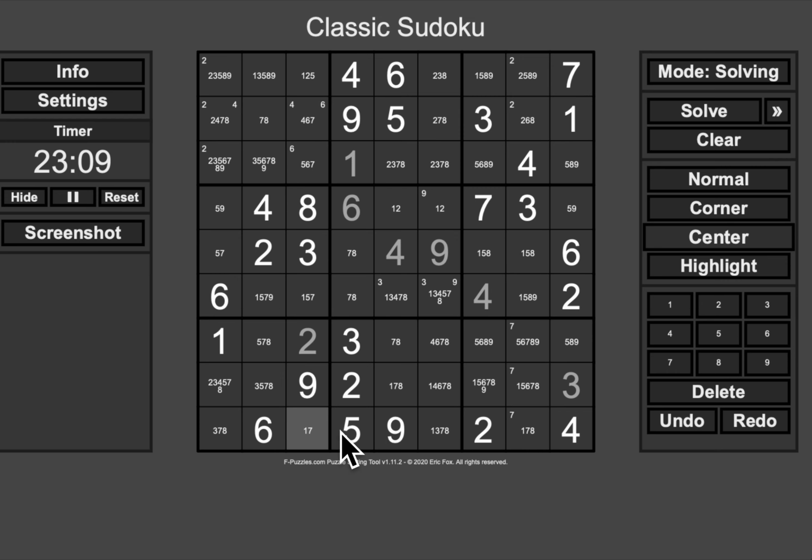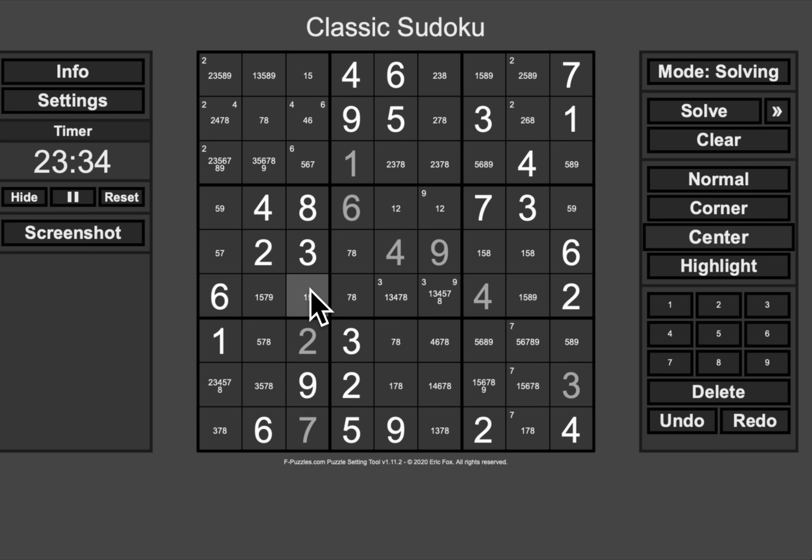Oh, that one. Why did I even mark that as a 1 7? Think, Colin. The given one told me that was a 7. So that's not 7. In fact, that's not 7 either. Okay, well, that's weird. In fact, that's not even 2.